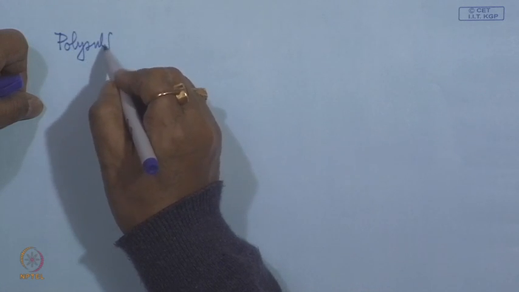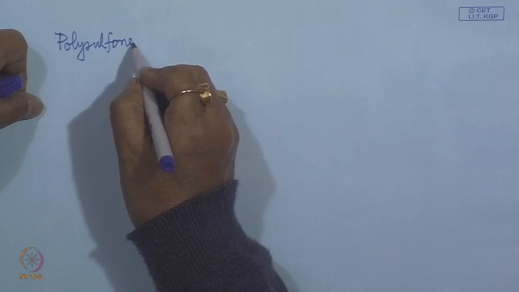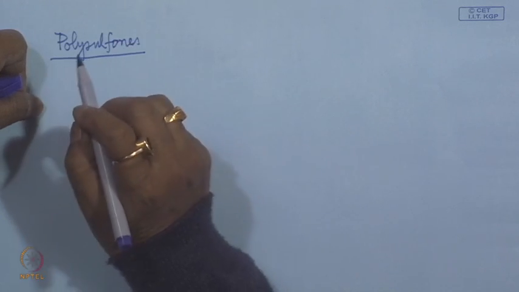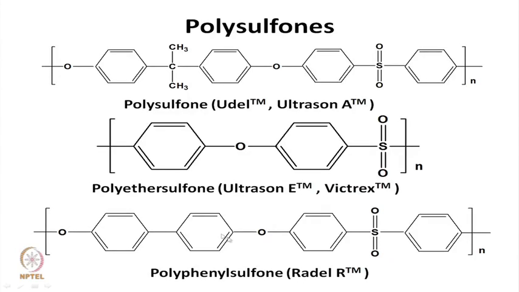Polysulfone means it contains sulfur in the polymer. Just look at the formula of this polysulfone. Due to the presence of sulfur with 2 oxygens, this is a sulfone group, the SO2 sulfone group. Now, this sulfone group containing reactant can be used.